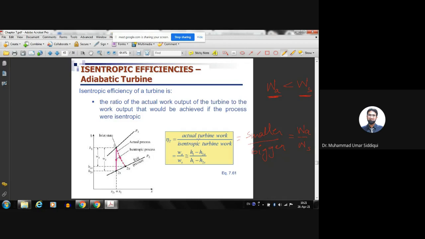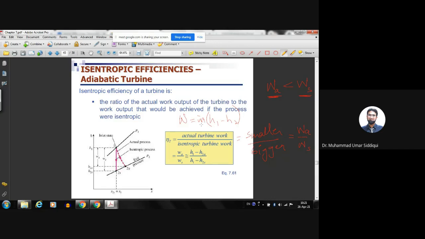So the work will be equal to the change in the enthalpy for the case of the turbine. So for the turbine, the work is m dot times enthalpy H1 minus H2. This will be the work output for the case of the turbine.